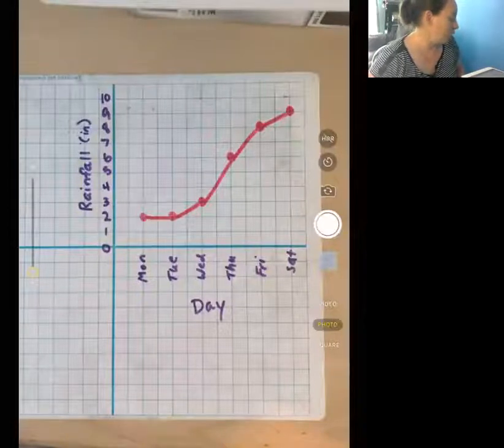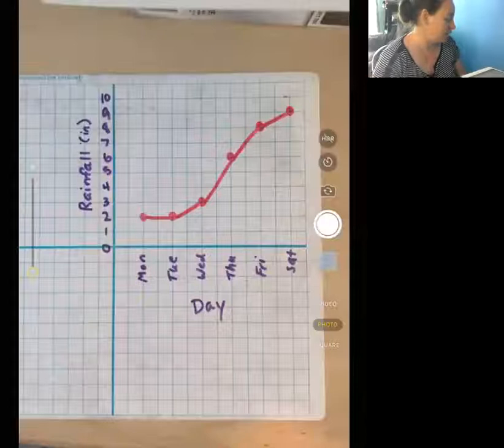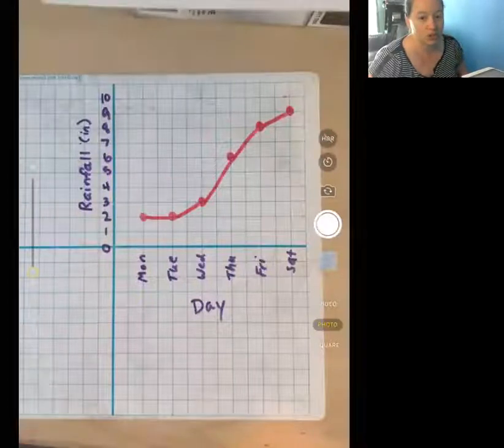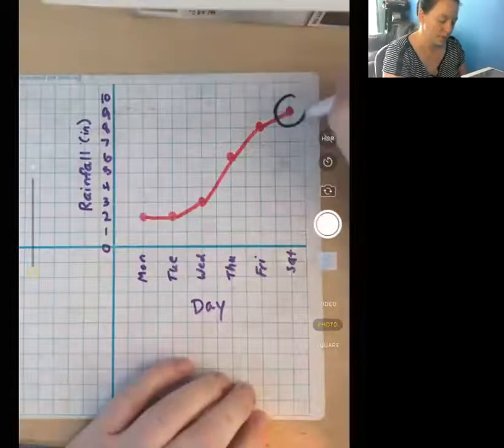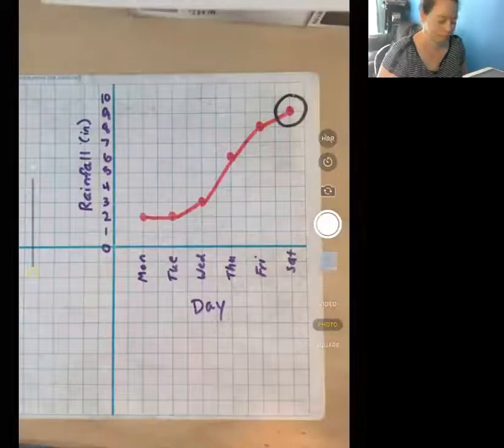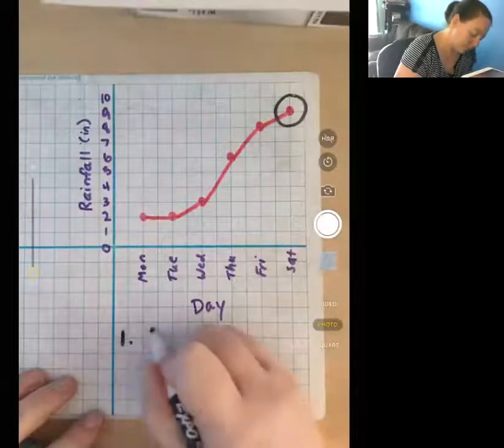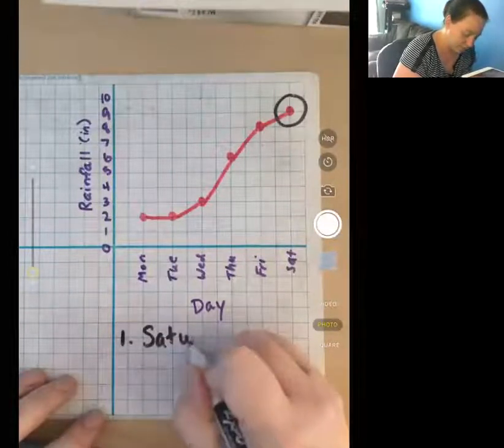So number 1, use the graph to answer the questions. On which day was the total rainfall recorded the greatest? So number 1, Saturday.